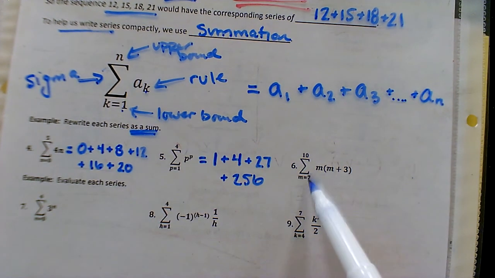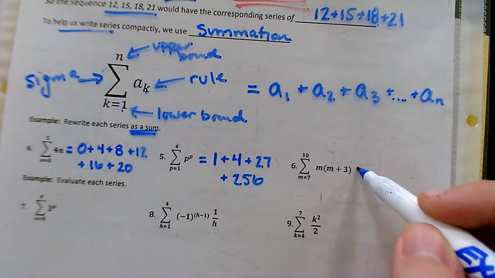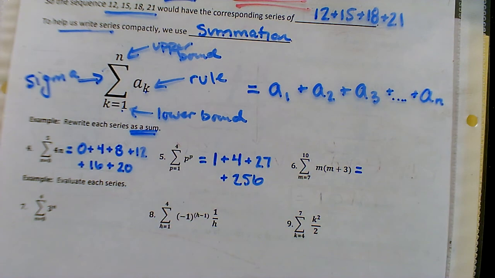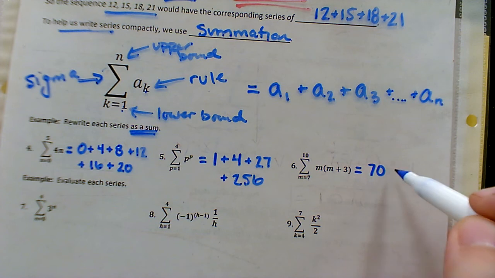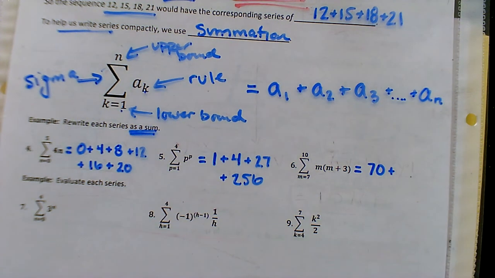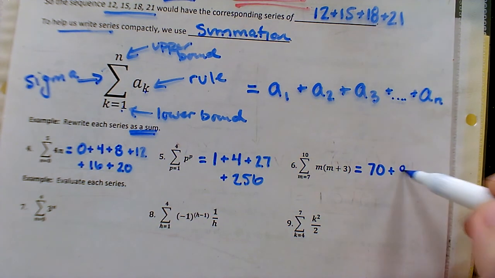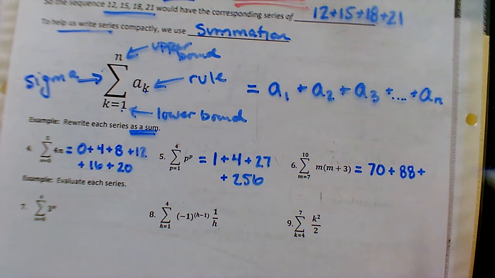And the last one, we're going to start by plugging in 7, and we're going to end with plugging in 10. So if we plug in 7, we'll have 7 times 10, which is 70. Next, if we plug in 8, we'll have 8 times 11, which would be 88.